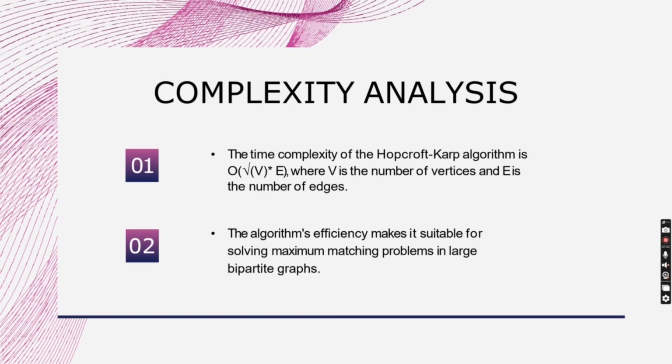And the worst case time complexity of the Hopcroft Karp algorithm is O(√V · E). However, in the worst case scenario, the algorithm may need to iterate O(√V) times, each time performing a BFS and DFS, resulting in the total time complexity of O(√V · E).